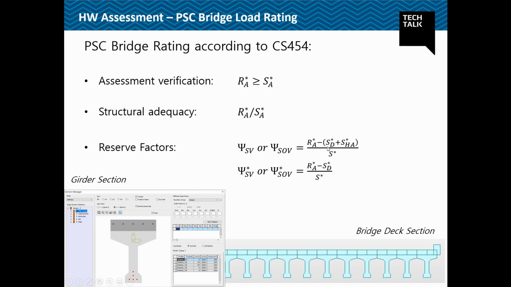And then we divide that by the effects from the special vehicle alone, in order to get a safety factor, a reserve factor that is the safety on the special vehicle.